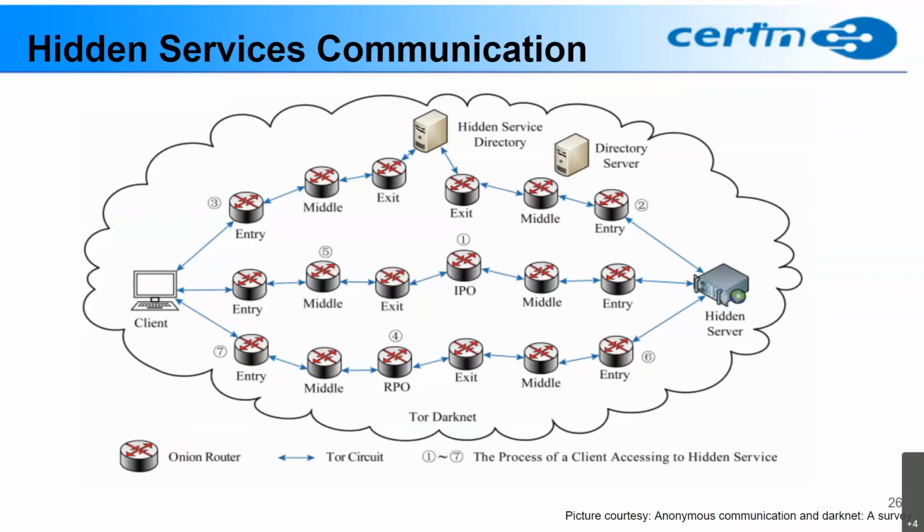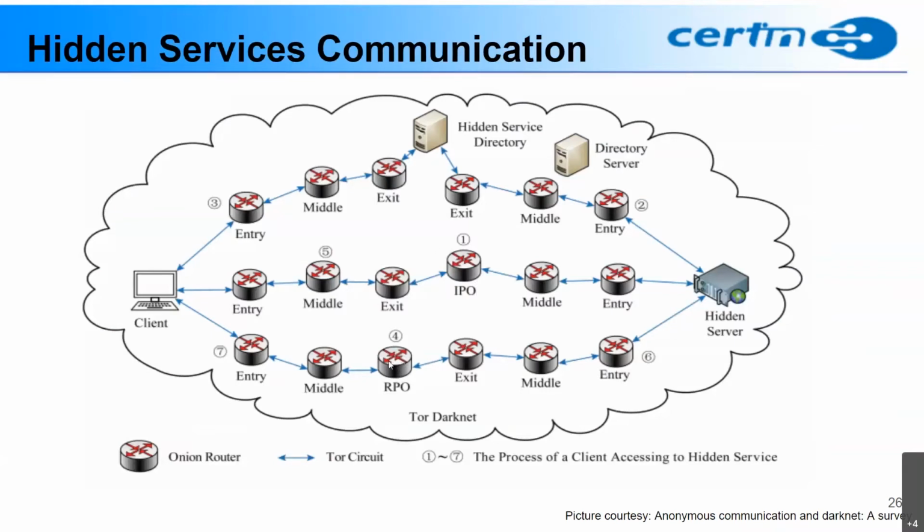It will define what the topologies are. Just note that at point number 1, there is a special node called the IPO, and at point number 4, there is a special node called the Rendezvous Point, RPO.